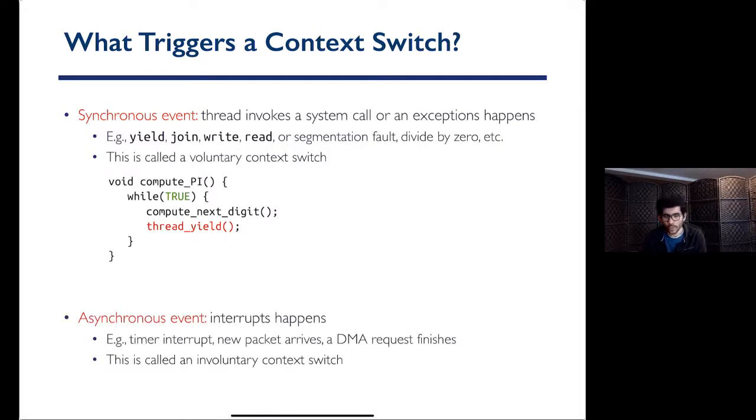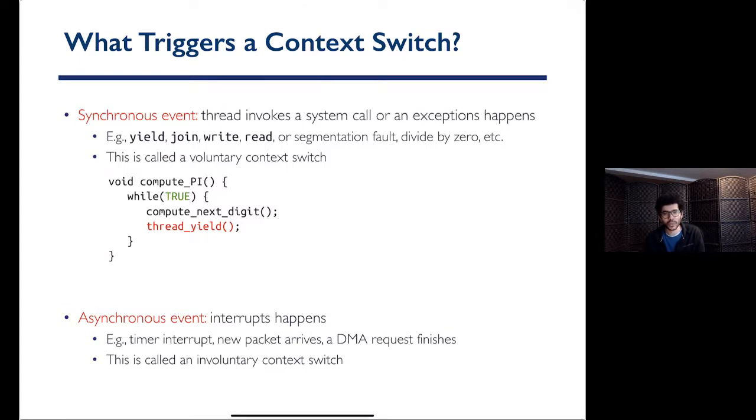Now, the other source of context switch could be asynchronous events, such as interrupts. For example, a timer interrupt could go off and lead to a context switch. Or, it might be that the read request that you issued to the SSD has been brought to memory, and now the SSD will raise an interrupt.